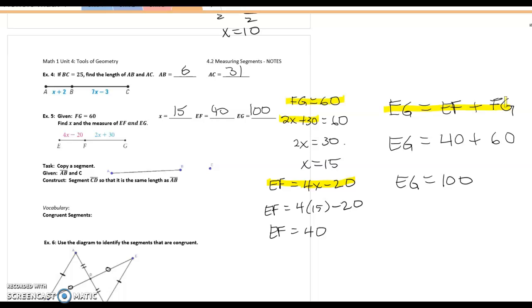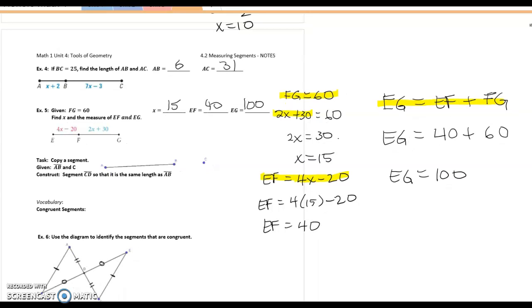All right, so again, these steps are very important. As I said the other day, the details, you need to make sure you are writing those down, right? Because the lack of those details will cost you points on quizzes and tests. And the way you remember that is by practicing on homework.